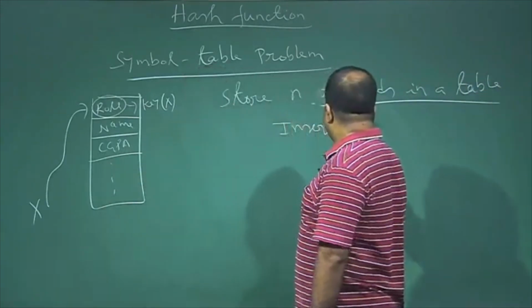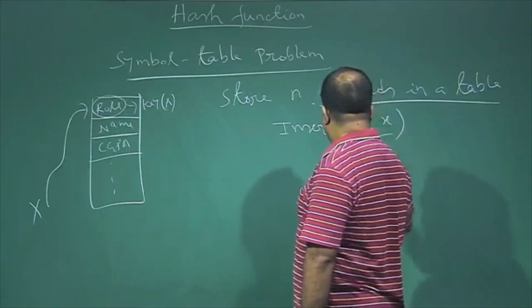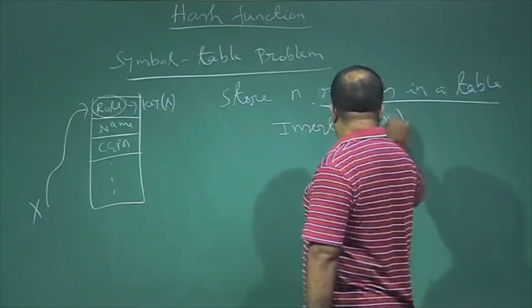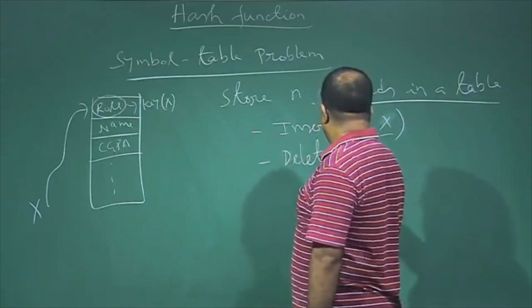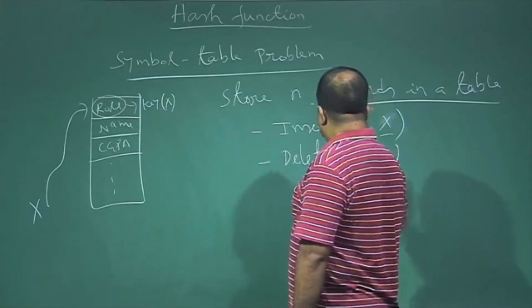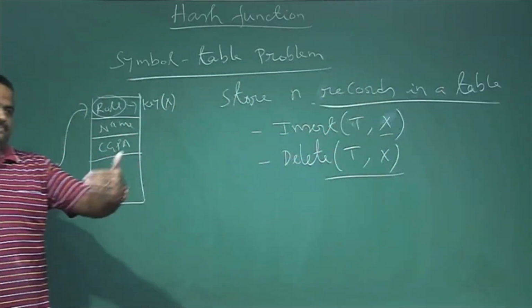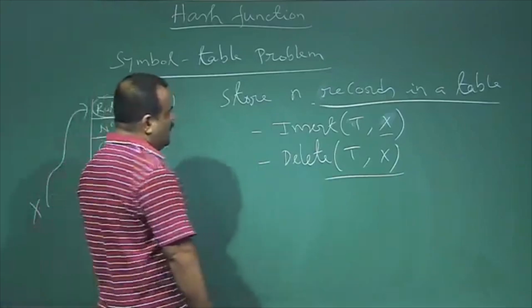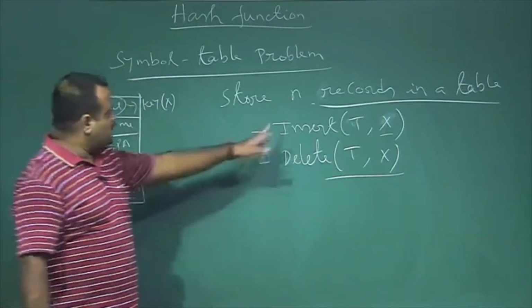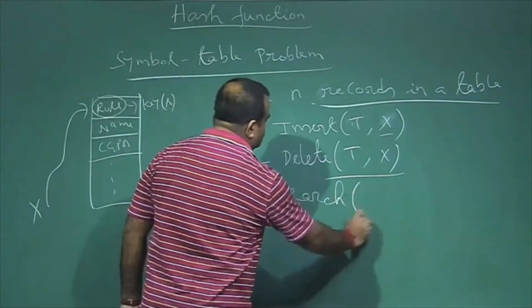We should be able to insert a record in a table which is not there. We should be able to delete a record from the table. Suppose a student passes out, we should delete that record from the table. These two are dynamic operations. And then the main important thing is we should be able to search a record.